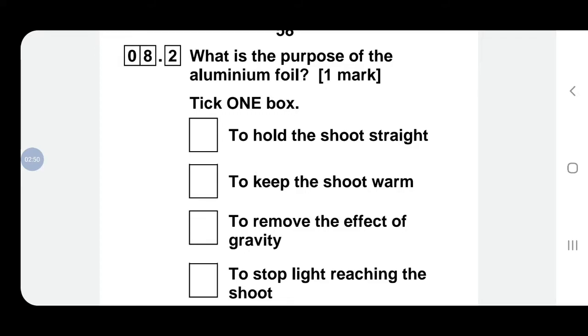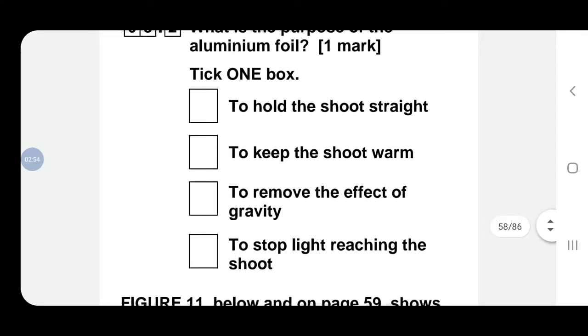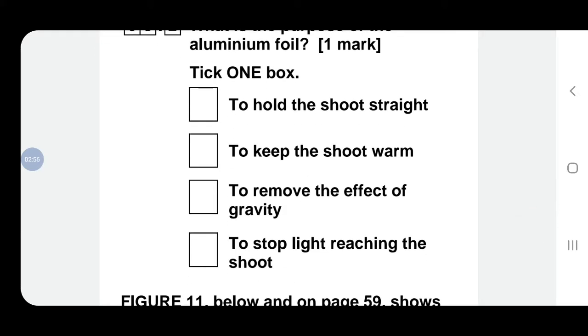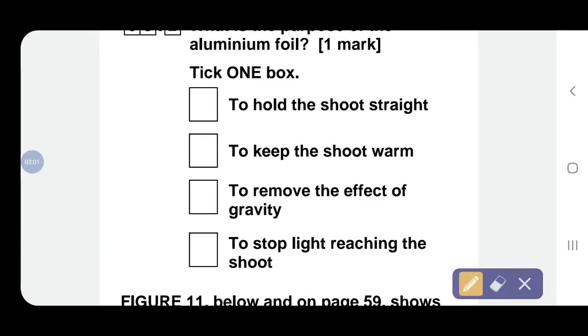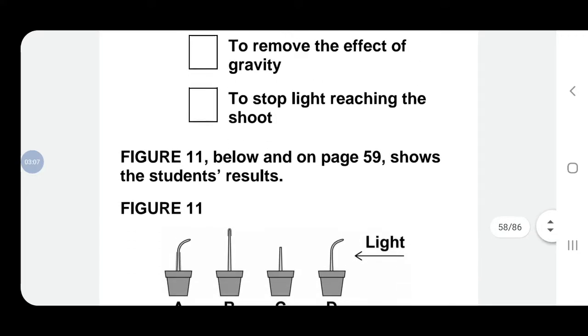The main reason is to stop light reaching the shoot. So I'm choosing here to stop light reaching the shoot. This is the correct answer.